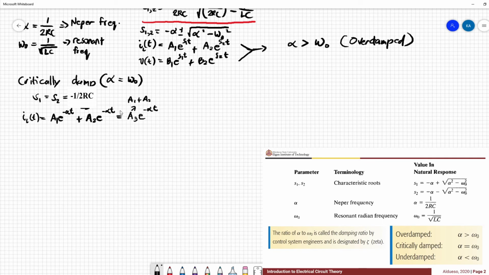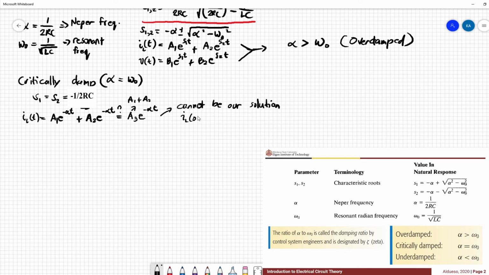So is this really true? This equation cannot be our solution, because there are two initial conditions. So what are the initial conditions?